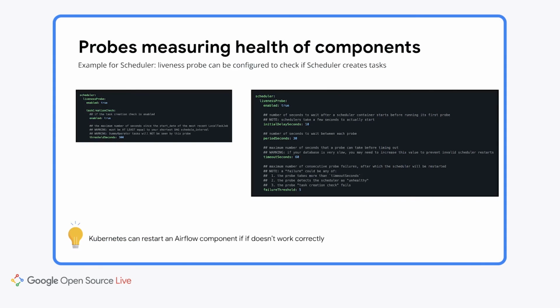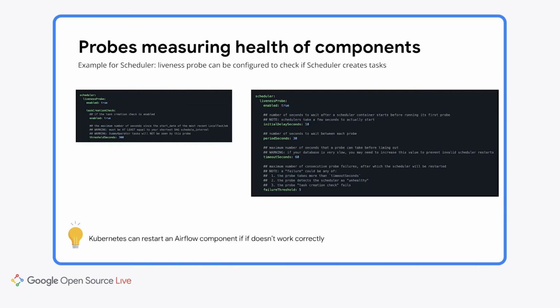So for example, the Apache Airflow Helm chart delivered to you by the community gives you the possibility to use a liveness probe for the scheduler. And this liveness probe validates whether the scheduler can create tasks.